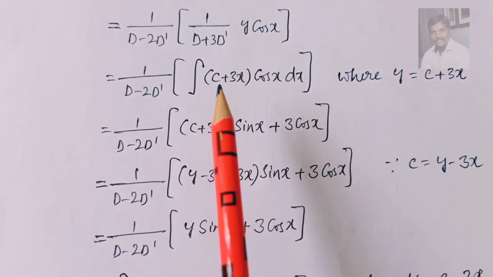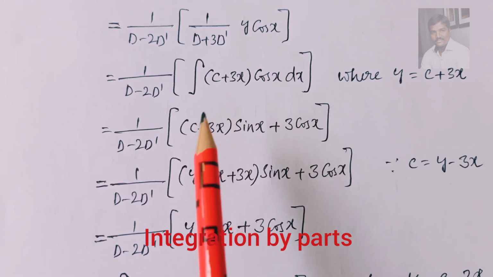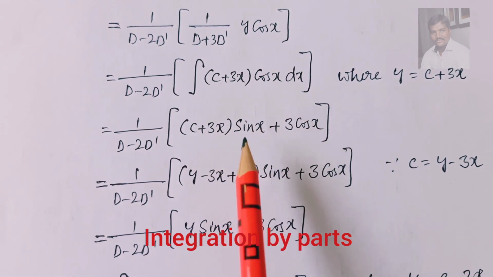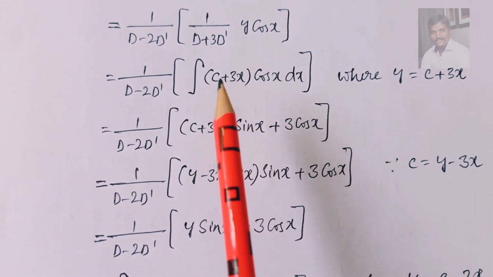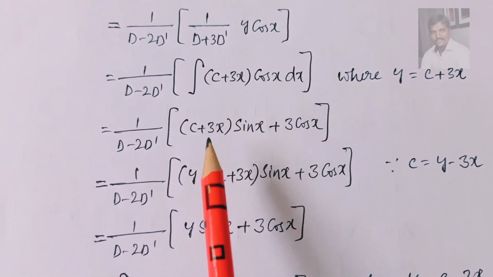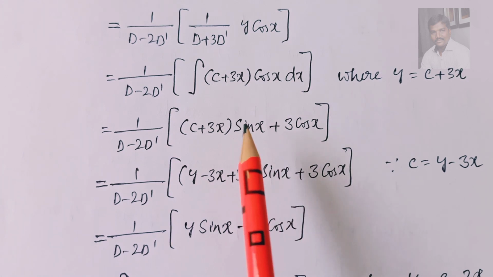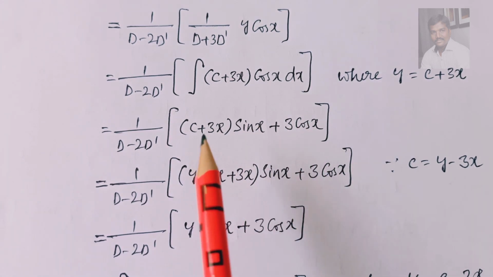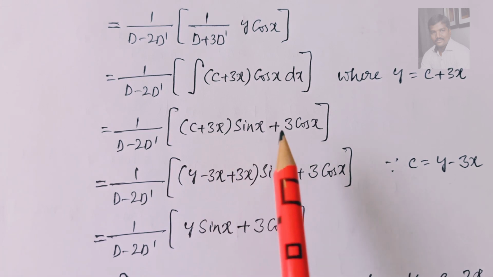Integrating by parts, take this as u and this as v. U into the integral of cos x, that is (c + 3x) sin x, minus u' which is 3, into the integral of sin x, which is −cos x; minus minus gives plus. Therefore we get (c + 3x) sin x + 3 cos x.